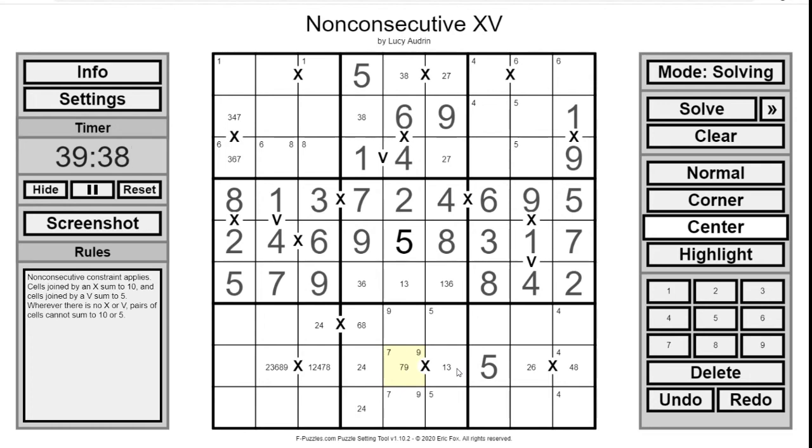So we got 1s. One's restricted in here. I'll drink to that. What else is going on with 9s?